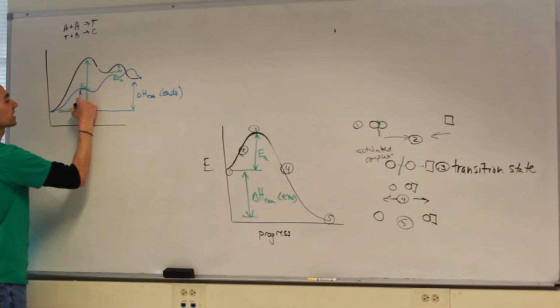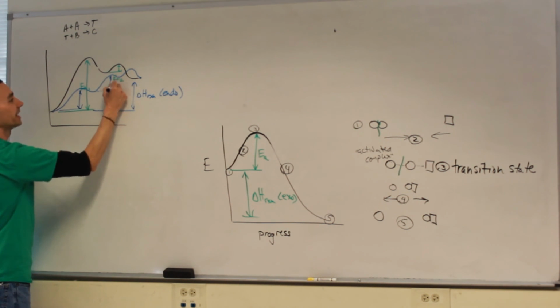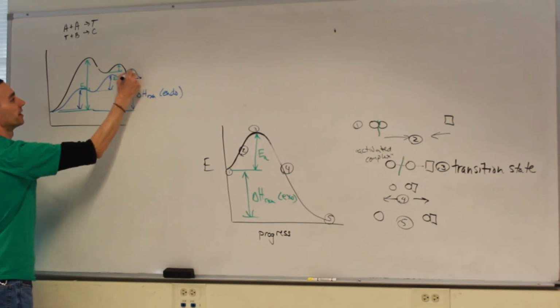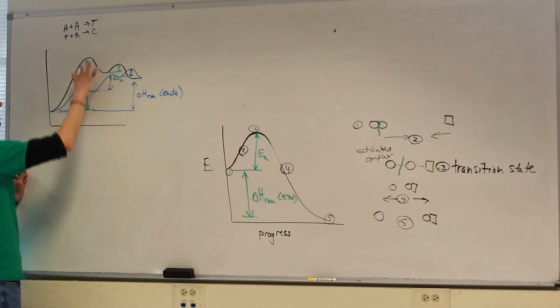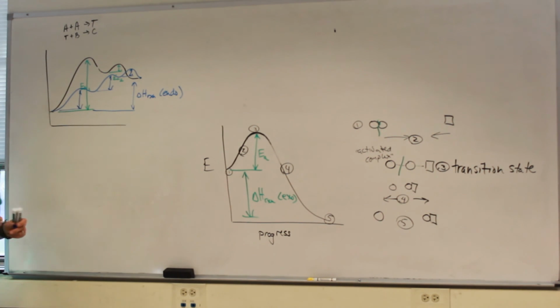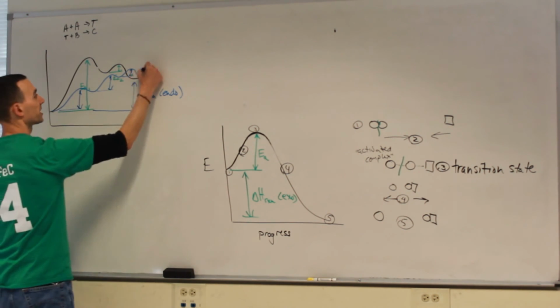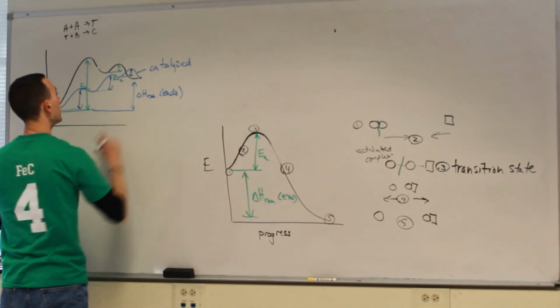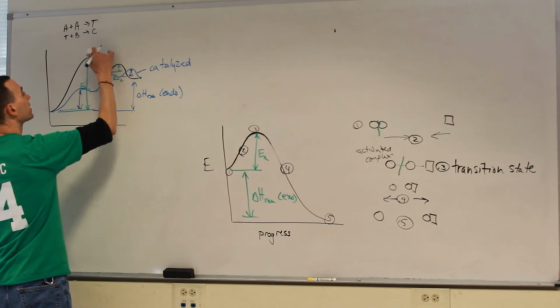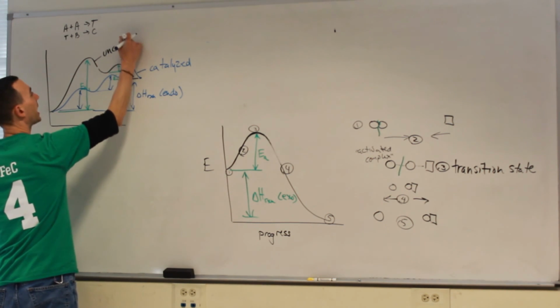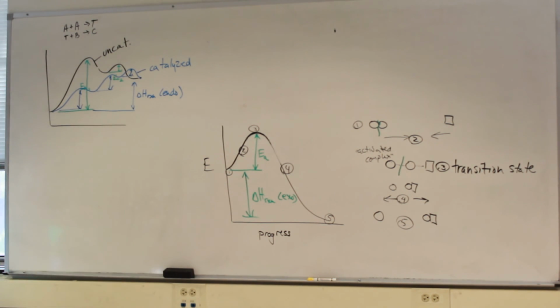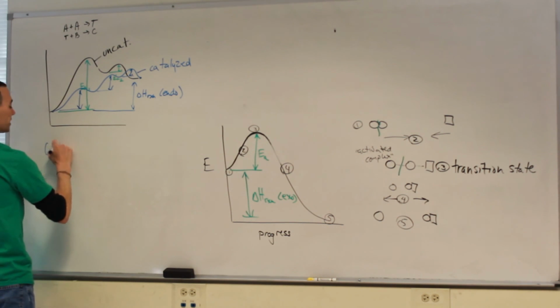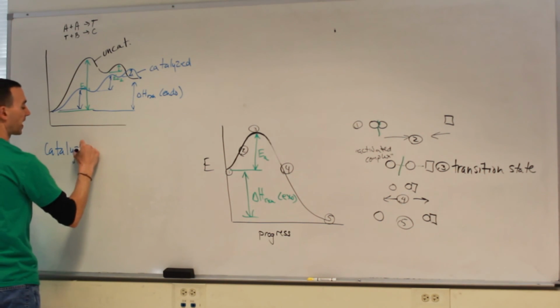Here's my first activation energy, here's my second, and here's my third. So you can see that none of these are anywhere near as large as the previous case. So the blue catalyzed reaction has smaller activation energies than the uncatalyzed version of the reaction. And as such, the catalyzed reaction will be much faster.